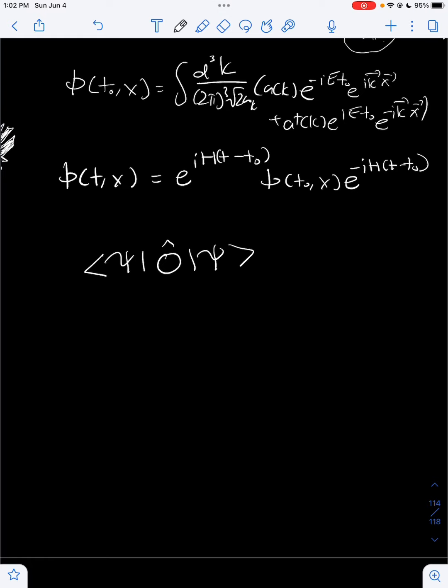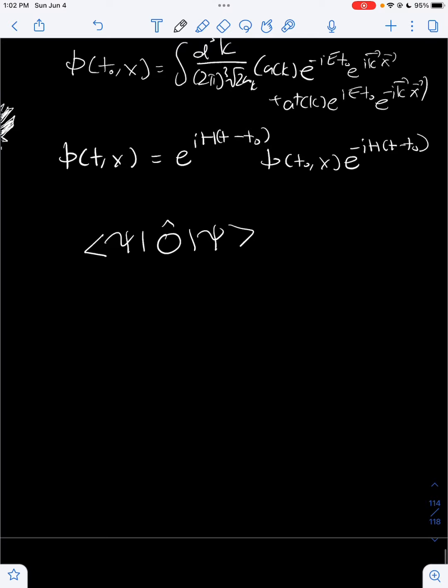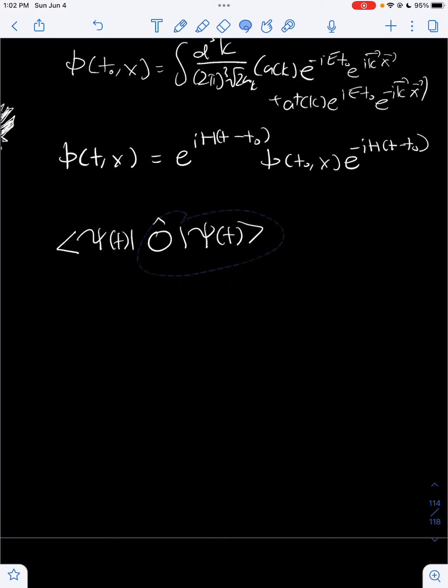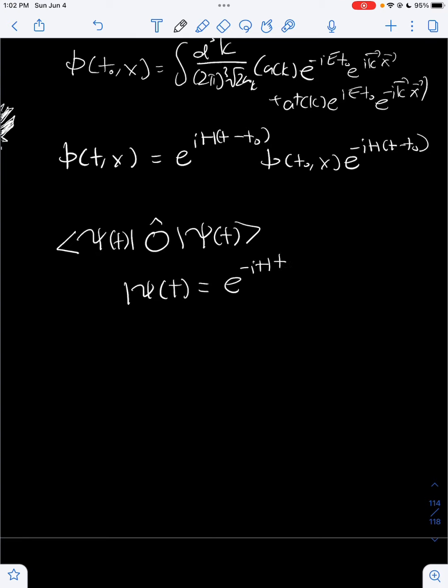But let's say that our states depend on time. Well, we know that they evolve according to the Schrödinger equation, which has a unitary time evolution, meaning that psi of t equals e to the minus iHt psi of t equals 0.